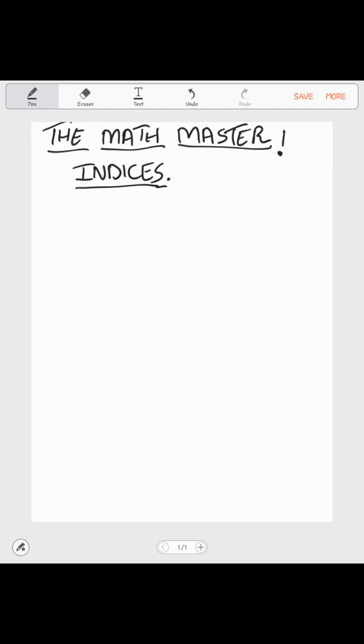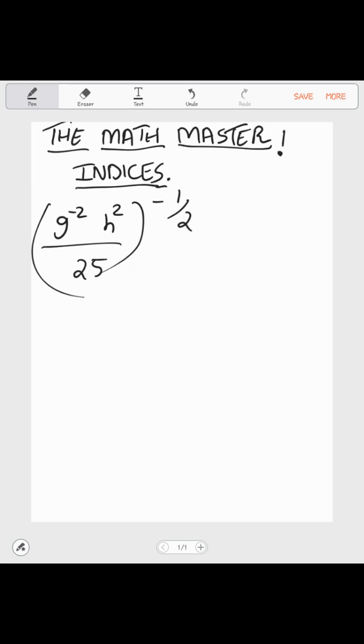It's just like this one, but the thing is, you've got to deal with powers, how to deal with powers. So as I'm writing, g to the power minus 2 h squared over 25, whole to the power minus 1 upon 2. So this might seem a little bit confusing at first, because it is, we can't deny that. And the powers get multiplied by each of them, so you can easily write g to the power minus, minus is plus, they get cancelled, and g to the power 1 remains as it is, and minus 1 over here, because 2 into minus 2 is minus 1 over here.